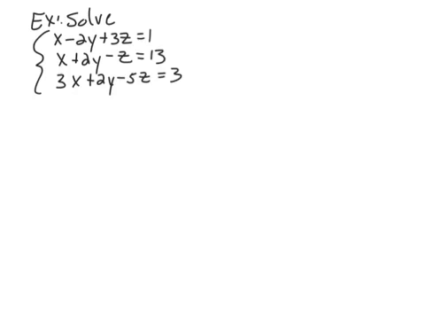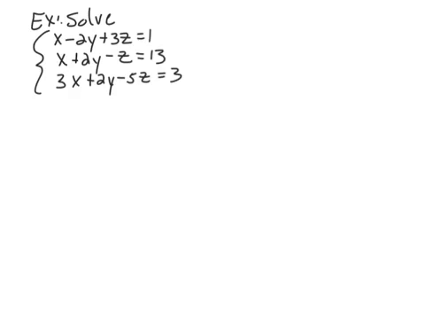Here's what I've got to do. I need to create an additive inverse between this equation and the first one or the third one, but probably the first one, such that when I add these 2 equations together, they're going to add to 0. Look at the coefficients. They both have a coefficient of 1. Therefore, if I multiply the second equation by -1, I'm going to create equations that I can add together.